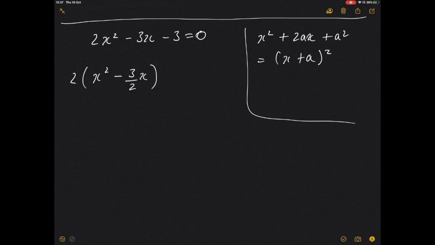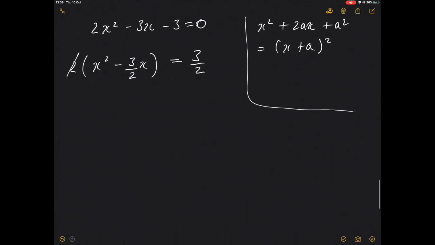We'll move this to the other side as well, so we'll have that as 3 over 2. So we're dividing by 2, so we're going to have that as 3 over 2. Okay, so we've divided both sides so we can get rid of this 2 on the outside.